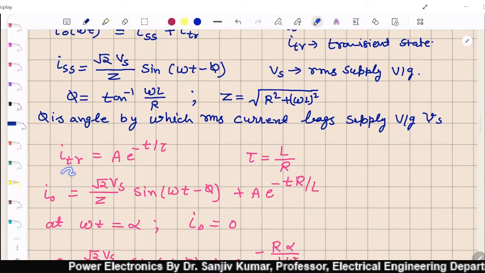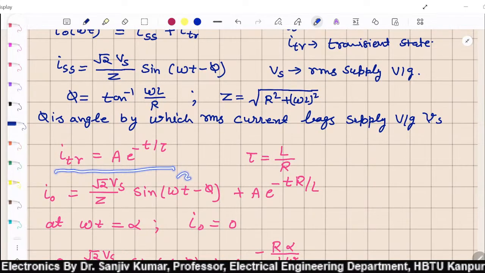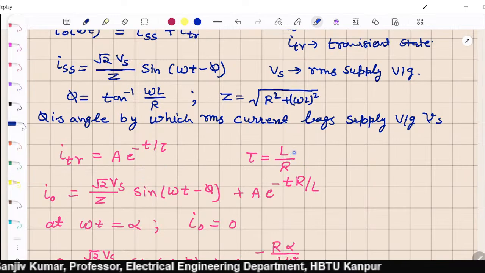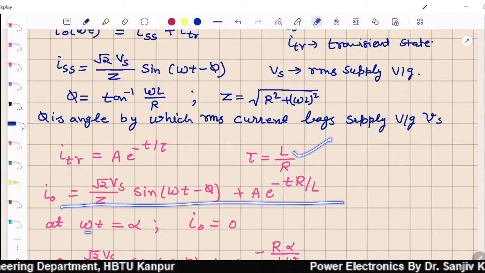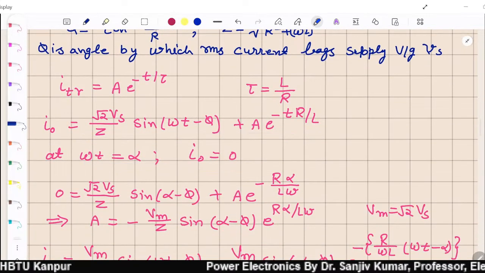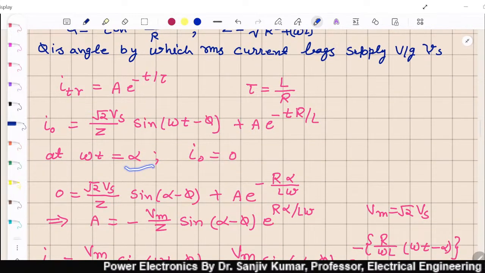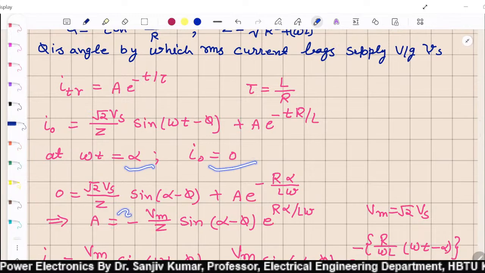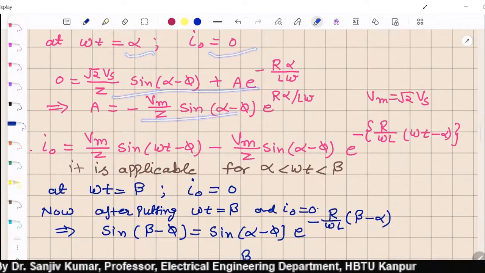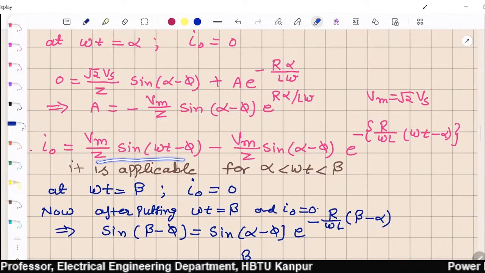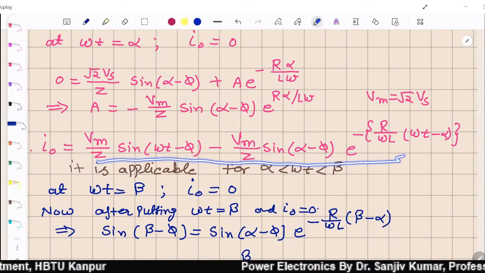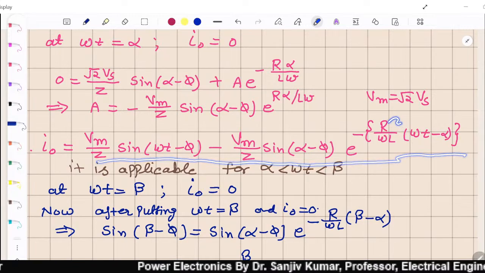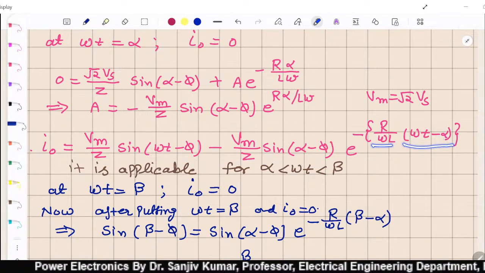Now the transient state is given by A e to the power minus t by tau, where tau is equal to L by R. After putting all these values, it is a very simple calculation, and applying the boundary condition that at omega t equal to alpha, i0 is 0, we get this. i0 is Vm by Z sine of omega t minus phi, minus Vm by Z sine of alpha minus phi, e to the power R by omega L times omega t minus alpha.